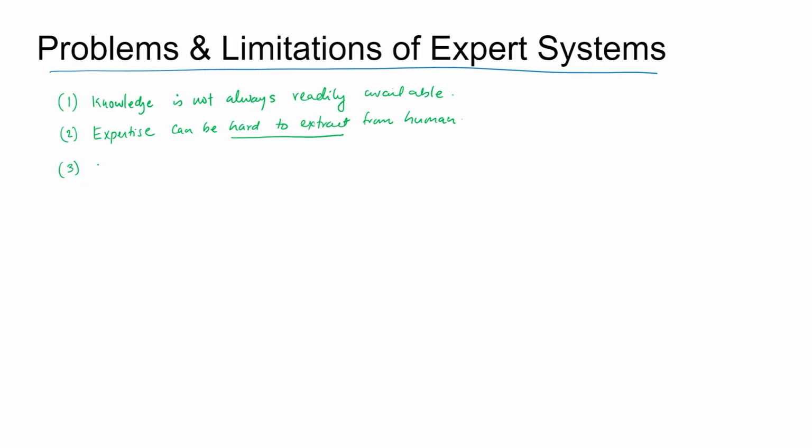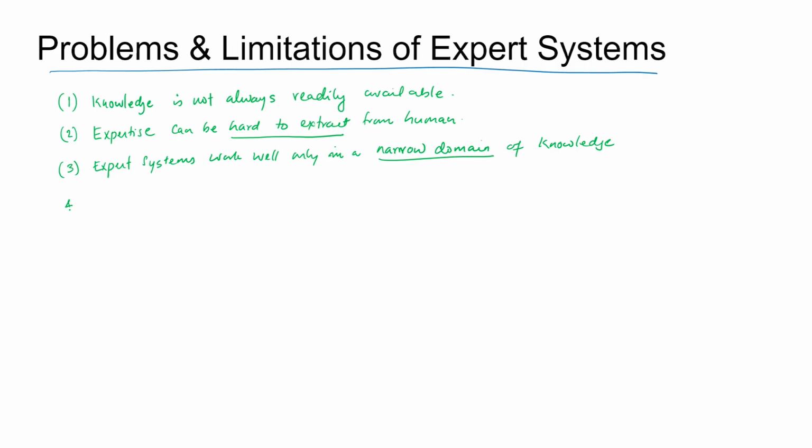The third aspect is expert systems work well only in a narrow domain of knowledge. There is a limitation. The expert system only works in a very narrow domain of knowledge.